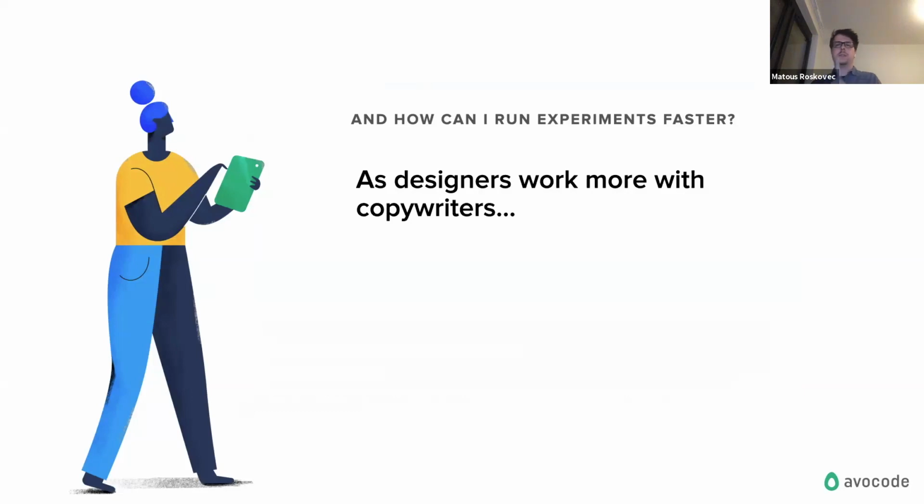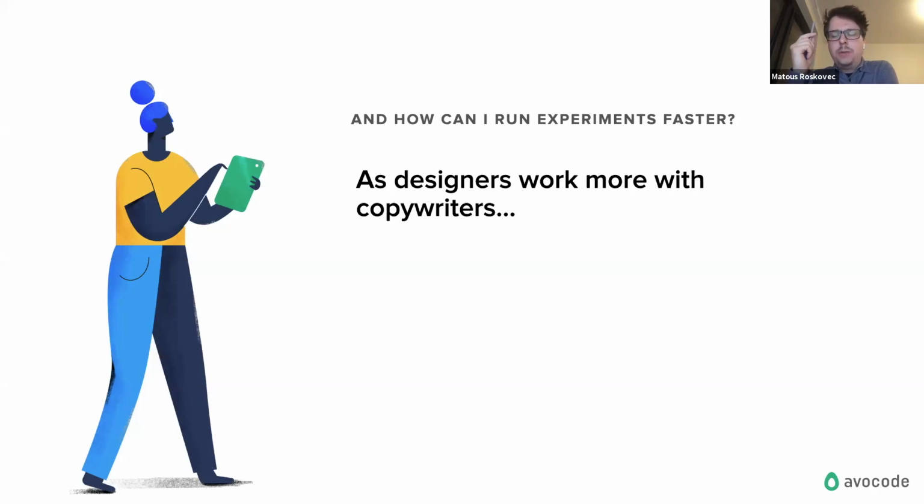And the last thing that I'm pretty excited about, as a former and actually even current copywriter, is how do you work better with designers? I think there was a question before about overlapping microcopy, right?